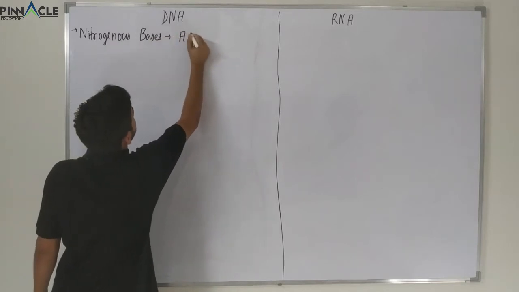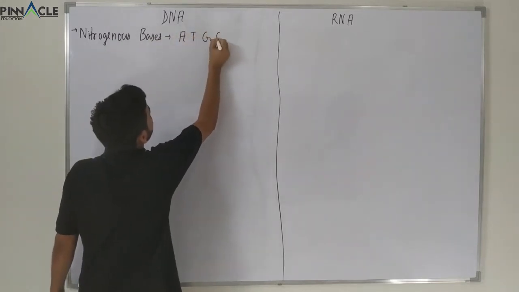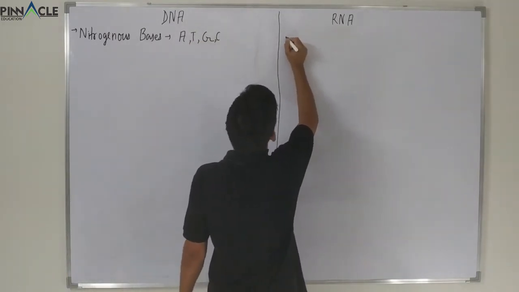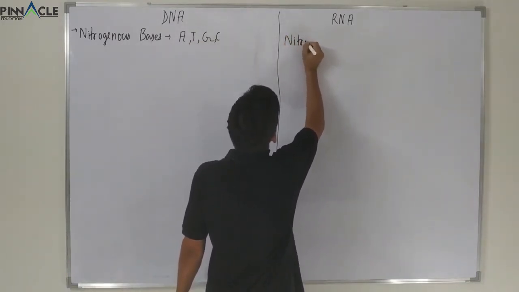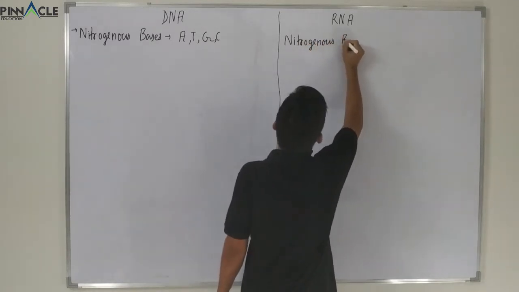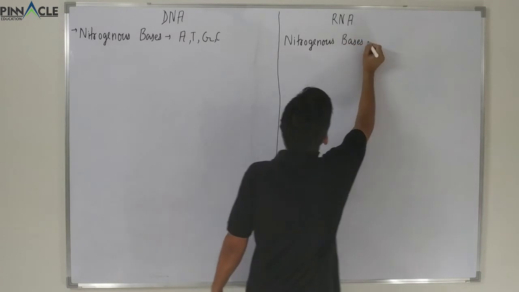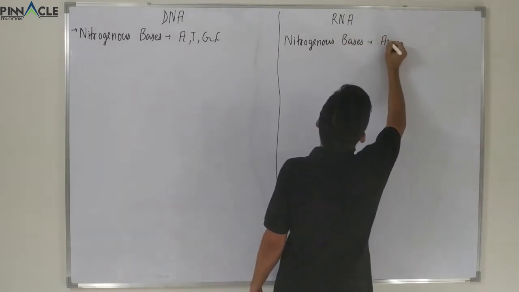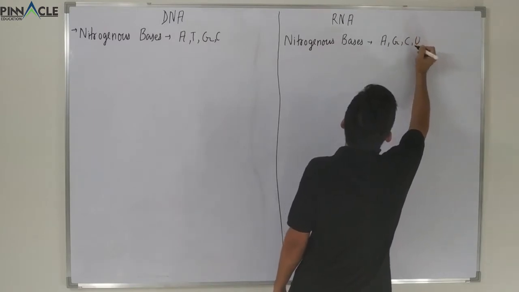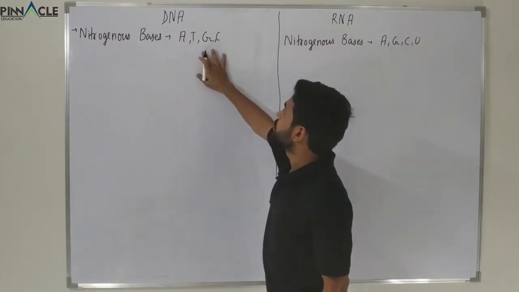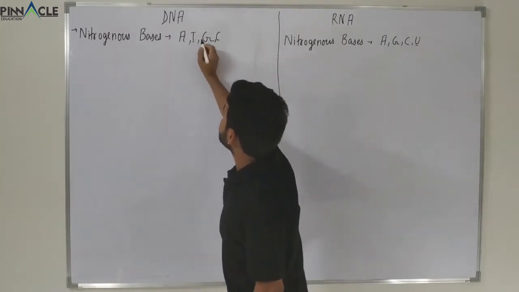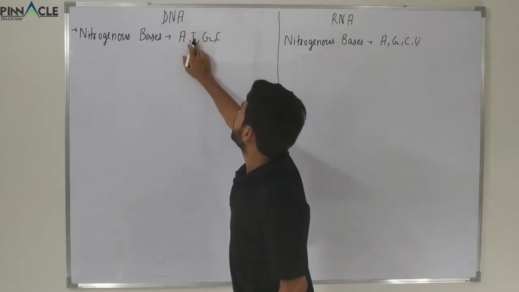In DNA it is A, T, G and C. In RNA it is adenine, guanine, cytosine and uracil in place of thymine. So these three bases are the same, but uracil and thymine are different in the case of RNA and DNA.